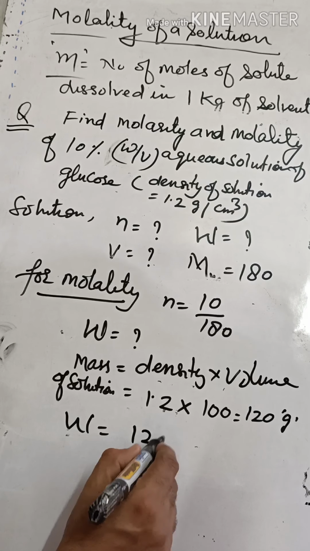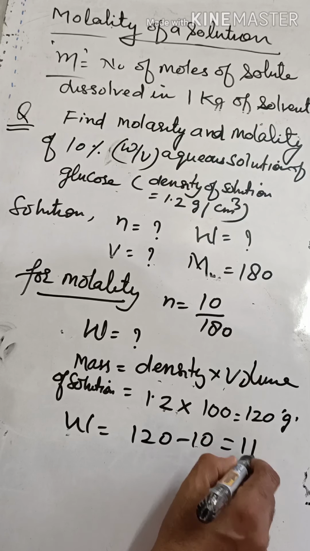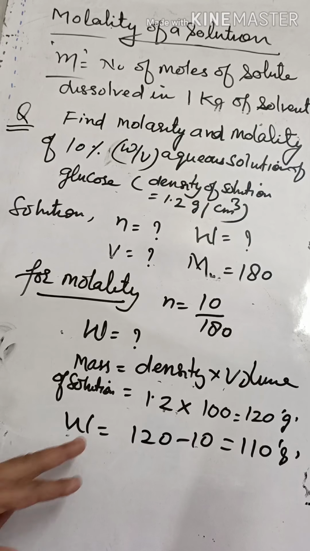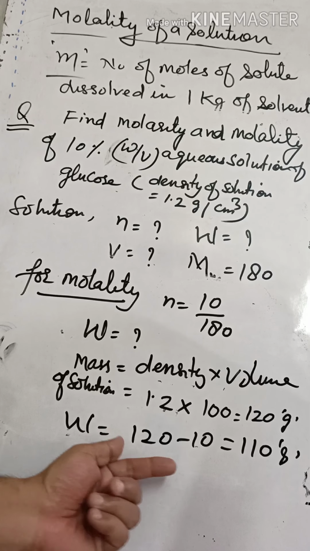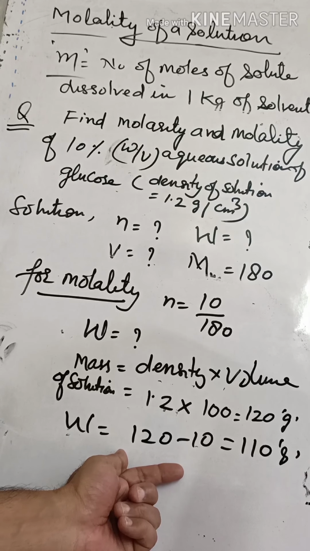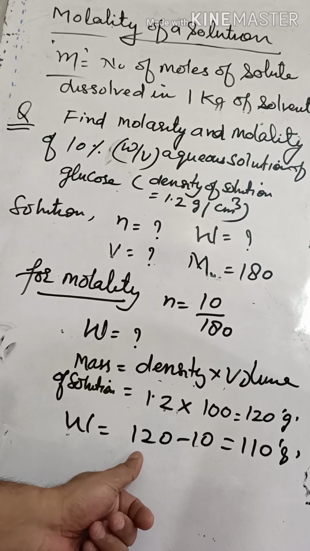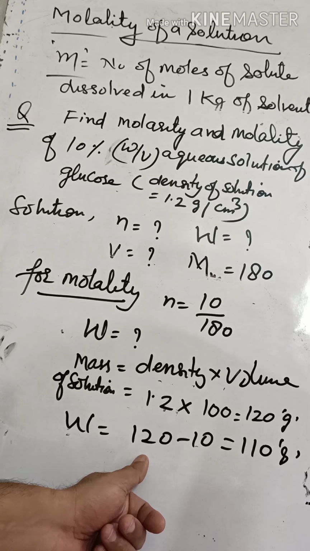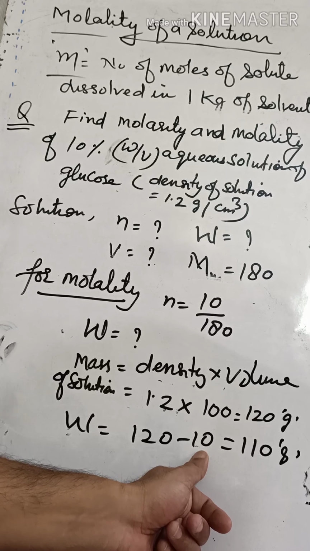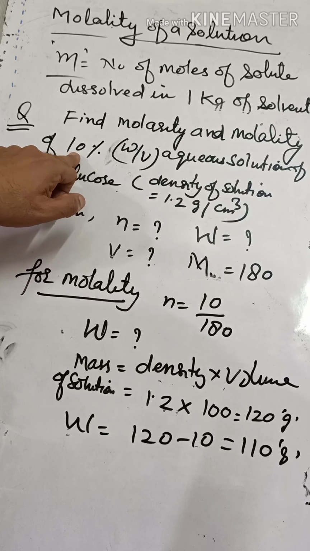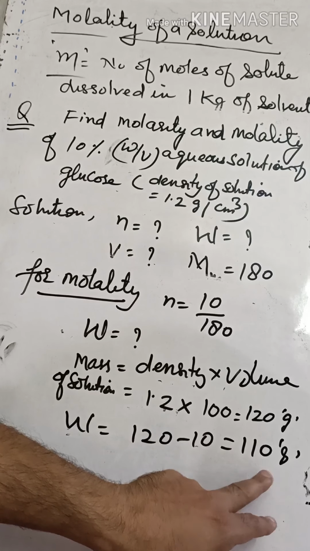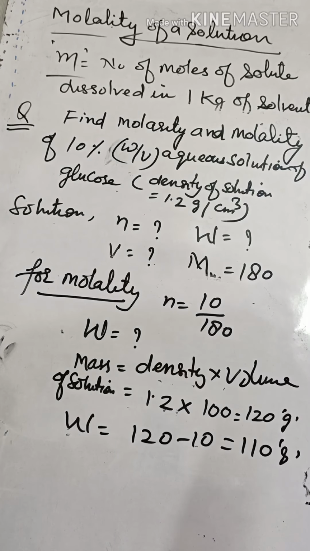That is 120 minus 10, that is 110 gram. What is the mass of solution? 120 gram. What is the mass of solute? 10 gram, since 10% means 10 gram dissolved in 100 ml. So 110 gram is the amount of solvent.